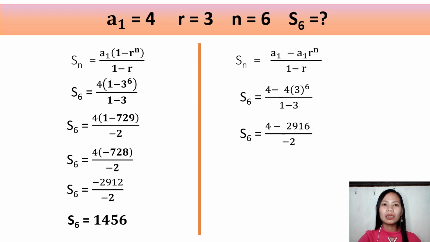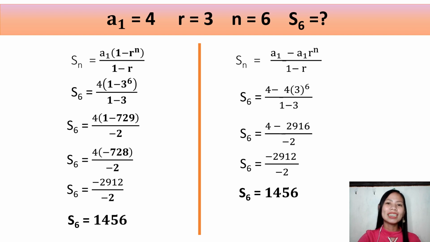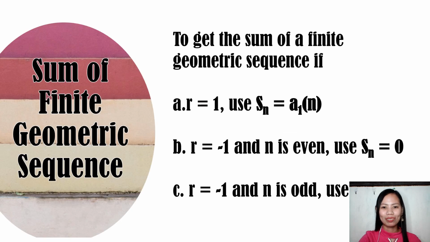So 4 minus 2,916, the answer is negative 2,912 divided by negative 2, S sub 6 is 1,456. Therefore, the sum of the first 6 terms of the given sequence is 1,456. So you may use any of the two formula. The answer is still the same.